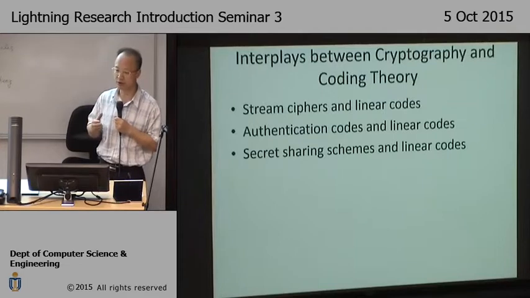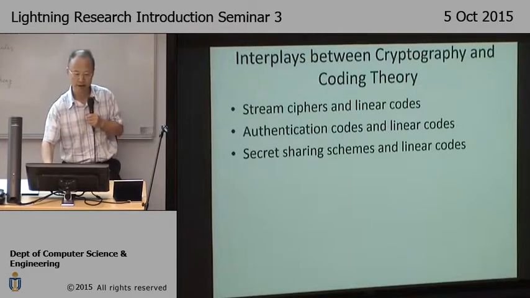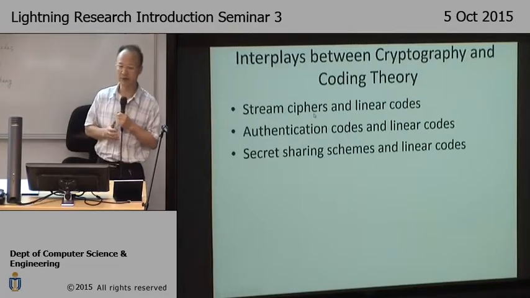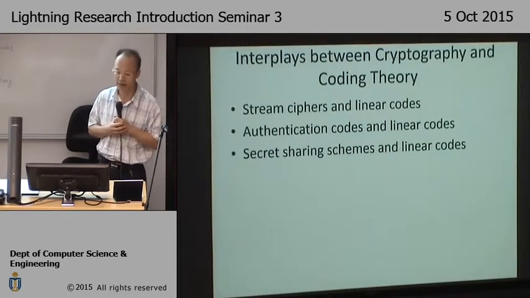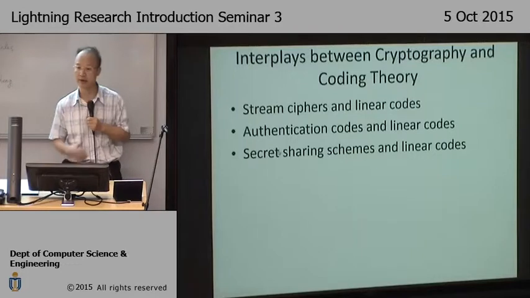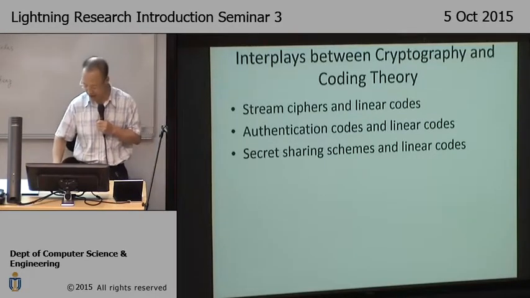This is because coding theory and cryptography are closely related to each other. In particular, I worked on some interplays between stream ciphers and linear codes. I also worked on interactions between authentication codes and linear codes. Also in the past, I was interested in some connections between linear codes and secret sharing schemes.